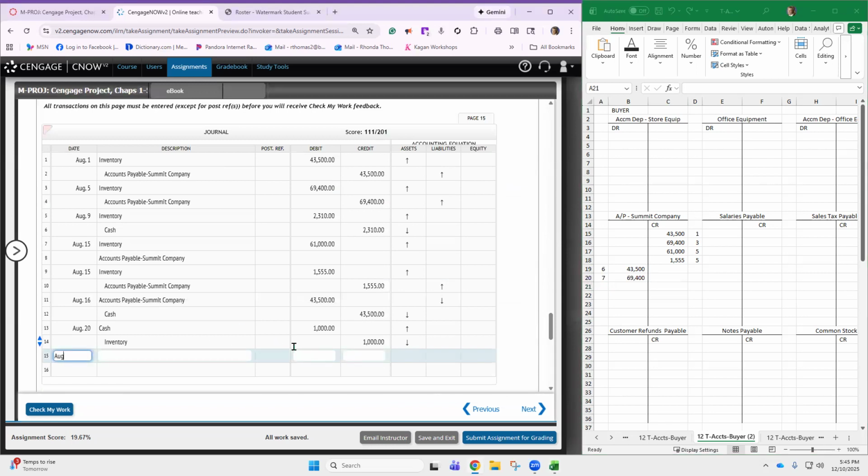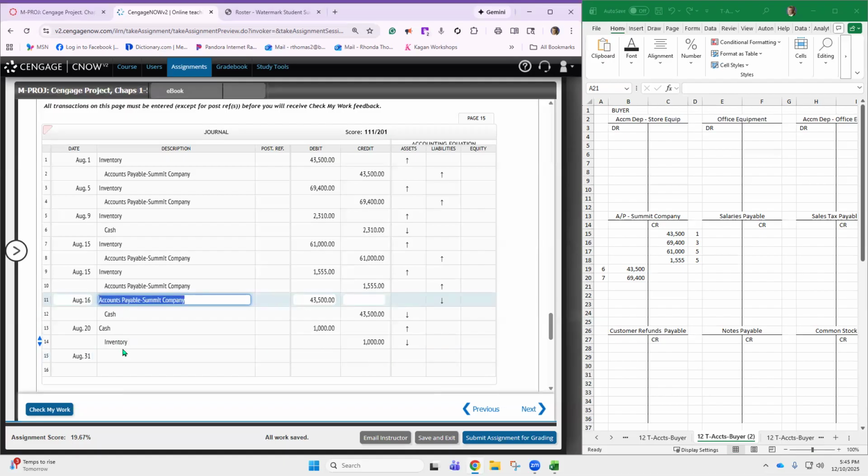It looks like this is the last entry for the buyer. I hope that's the case. Ooh, I missed one right here. Sorry about that. Okay, that was paying that. So now we're paying for the second one. So we want accounts payable Summit.